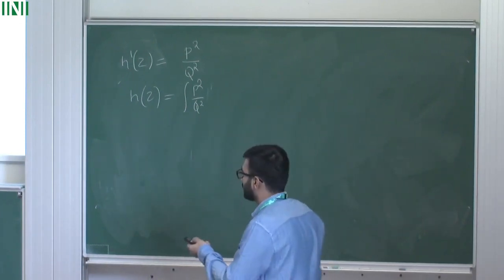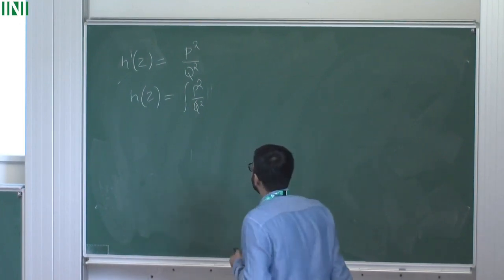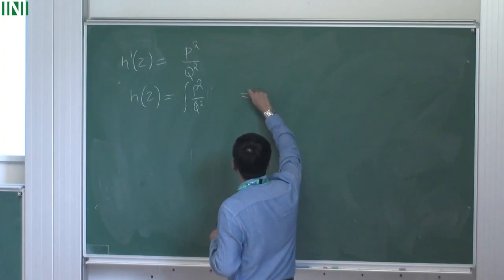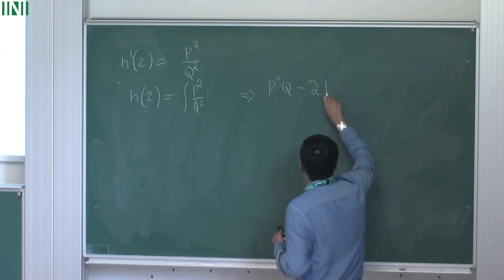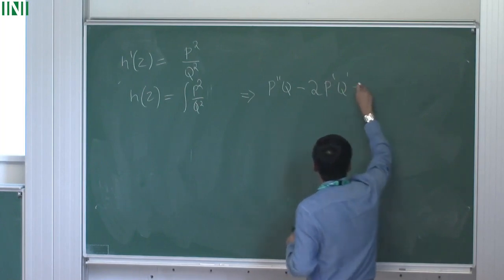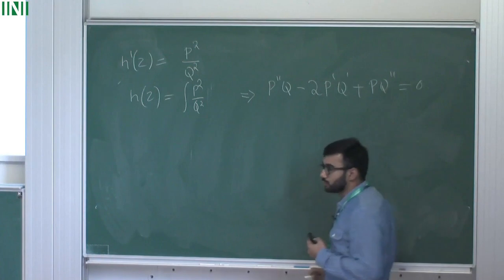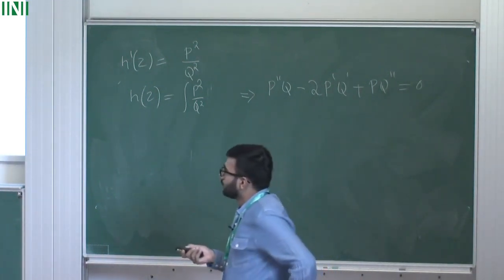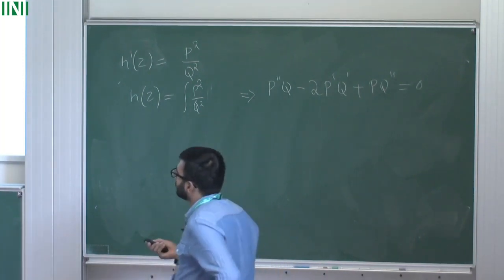So this question was asked by Bucknall and Chondi a long time ago, and they showed that this is actually rational if P and Q satisfy this differential equation, which is called the bilinear differential equation. Okay, so let's just keep that aside.